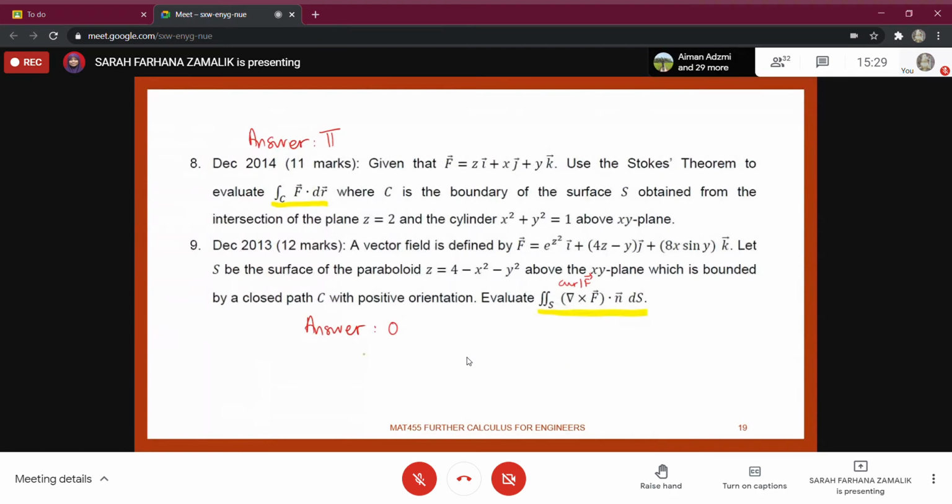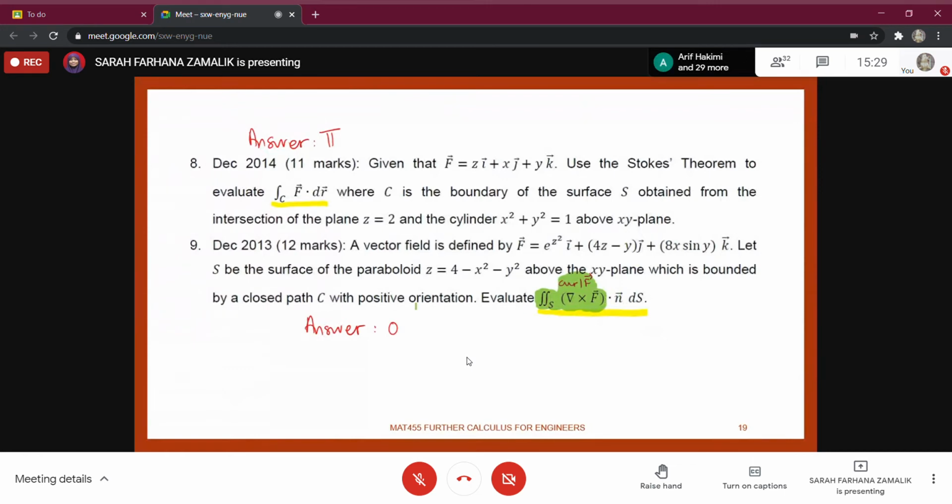She just wants to see whether you understand what this is. This is gradient cross with vector field F, which is also the notation for curl F. And then looking at the integral, you know this is given as a double integral, which is the surface integral. So you must show the single integral, which is the line integral. Okay.